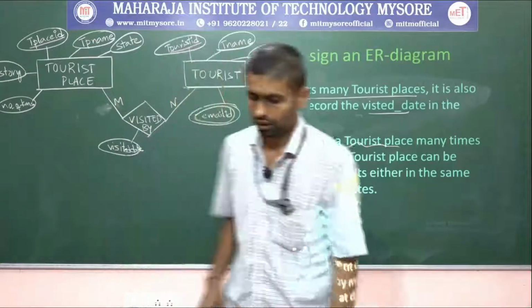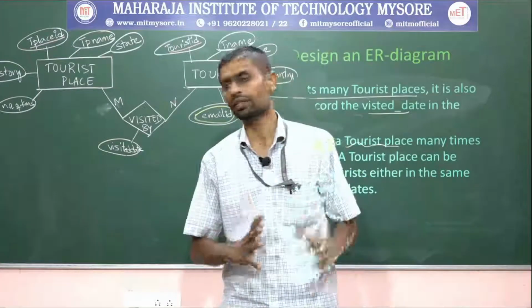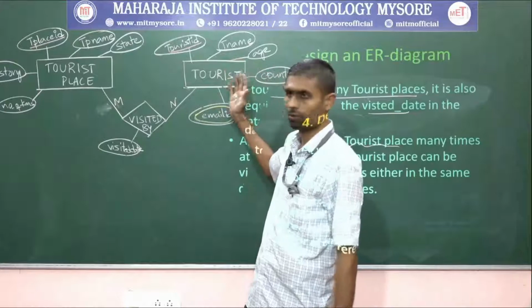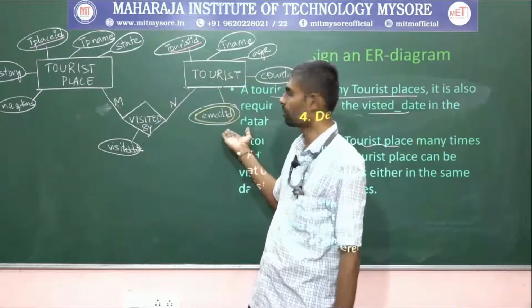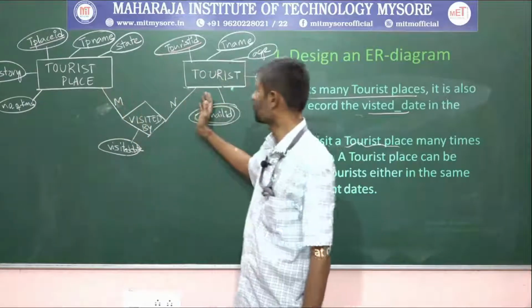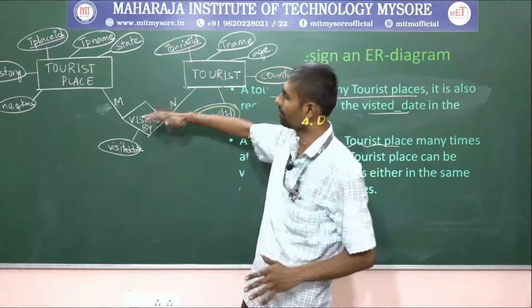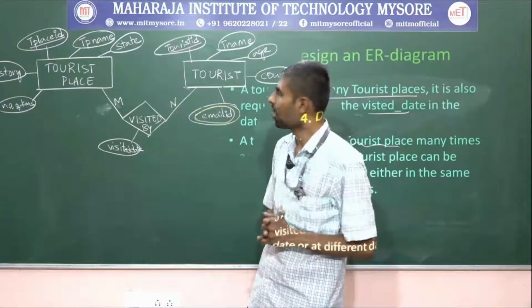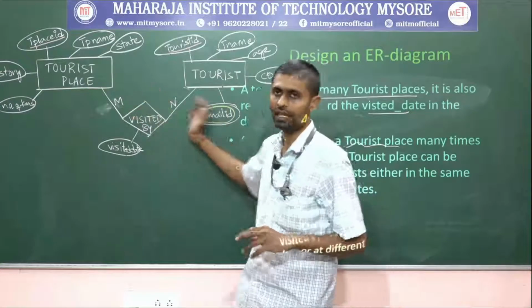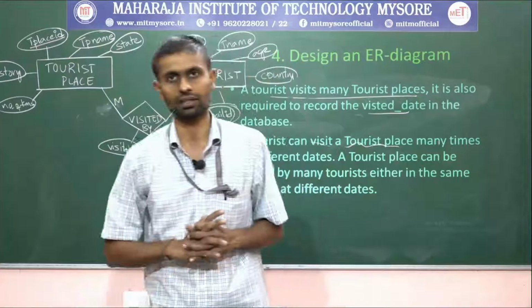So here we have shown that we are recording the tourist details and tourist place details by identifying the proper key attribute and one multi-valued attribute in the tourist, and the relationship type between the tourist place and the tourist, right? So the major intention of this scenario is how to record the tourist places and their visited details, right? Those things they want to record in a database, right?